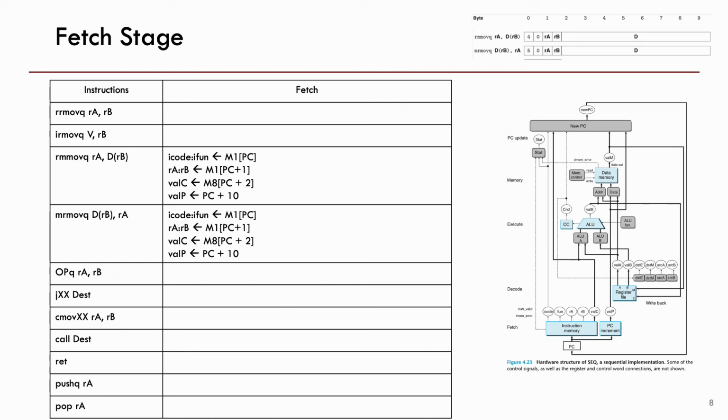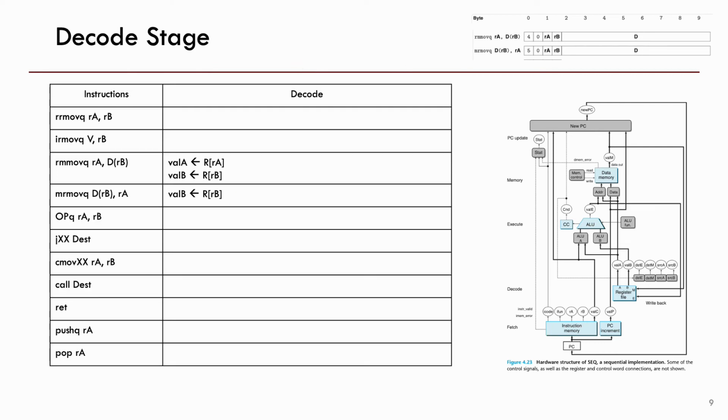Okay, this is just an example. Let's transform two instructions, RMMoveQ and MRMoveQ. This is the table for fetch, and we have 4 computations each in RMMoveQ and MRMoveQ. That is all about the computations for fetch. Then in the decode stage, we have another table which contains only computations for decode, but it has all the instructions.